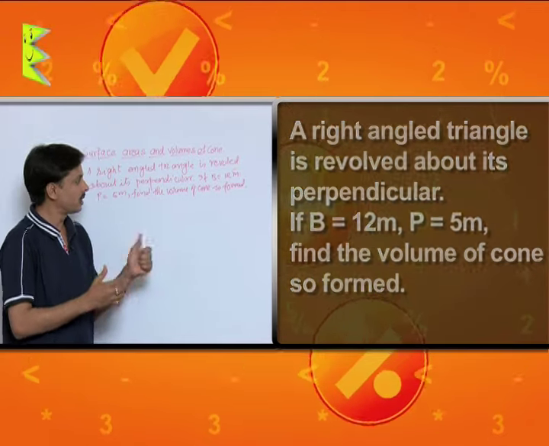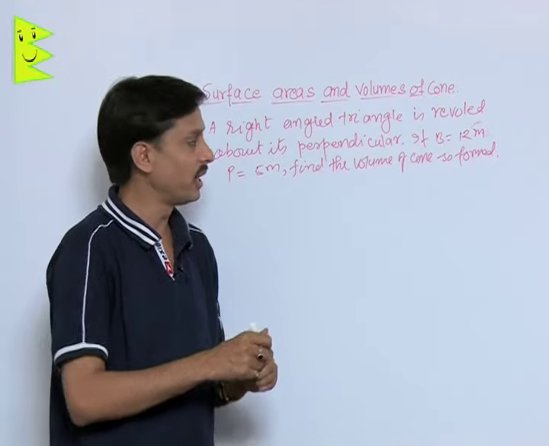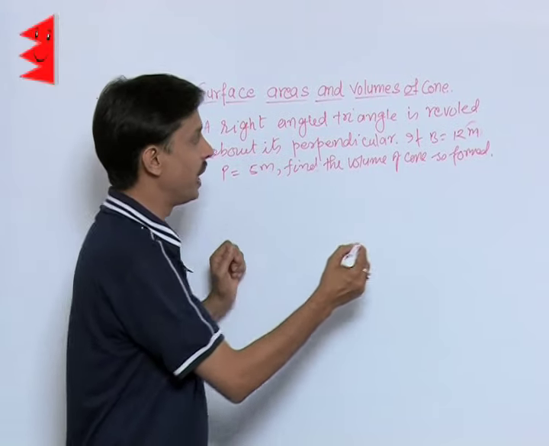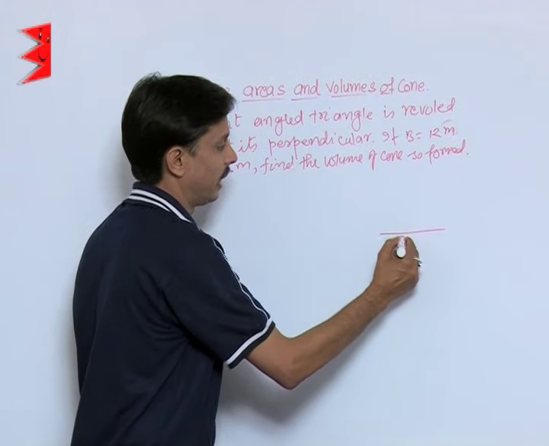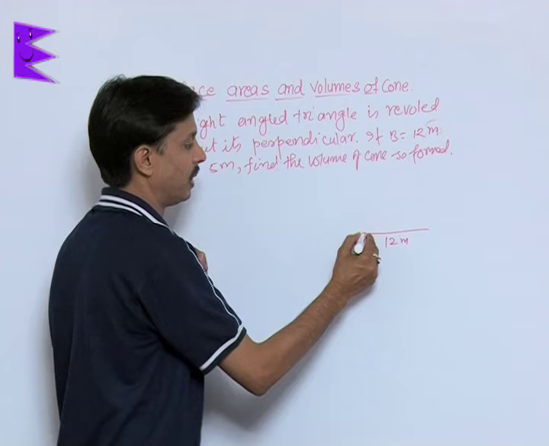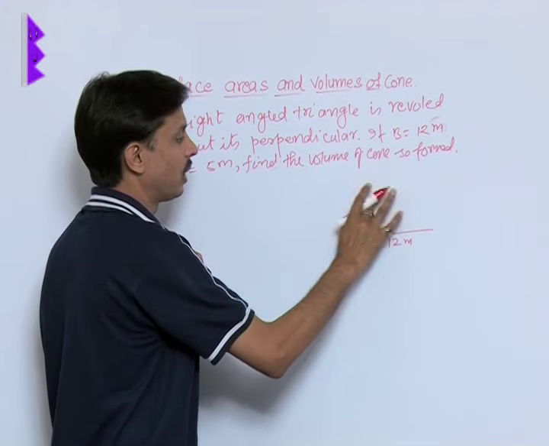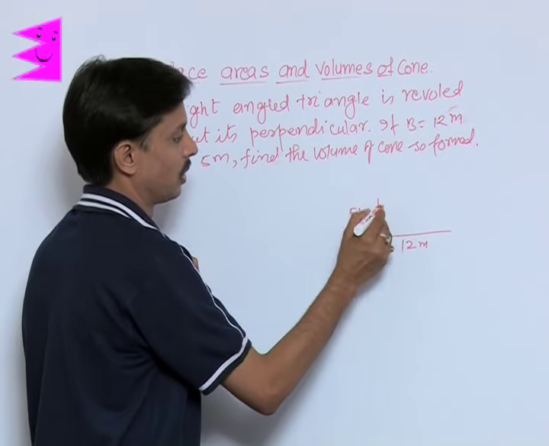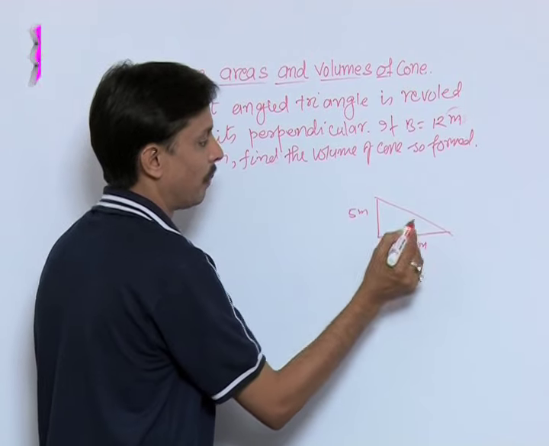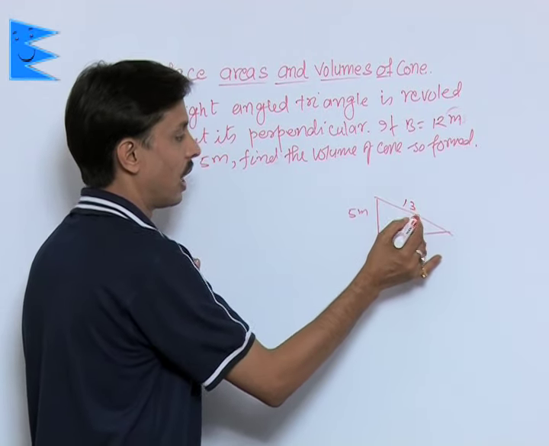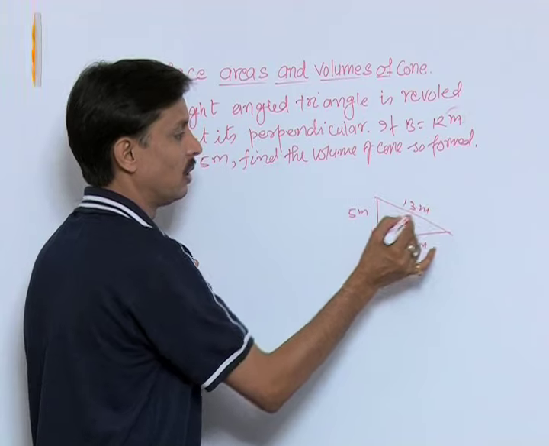Now if I discuss by drawing the shape, the base of the right angled triangle is 12 meter and perpendicular is 5 meter. So understood by Pythagoras theorem, hypotenuse will be 13 meter.